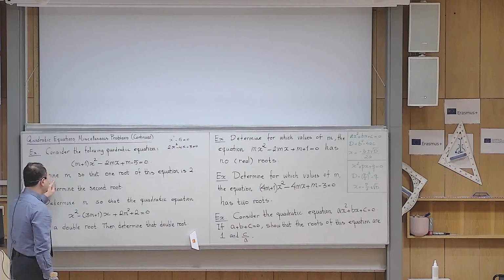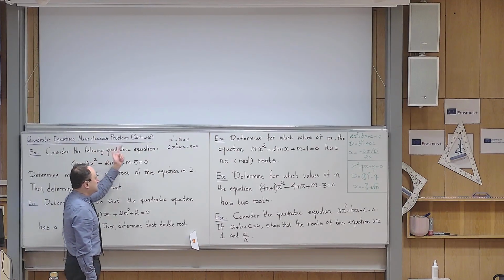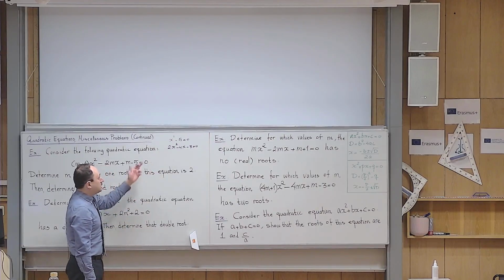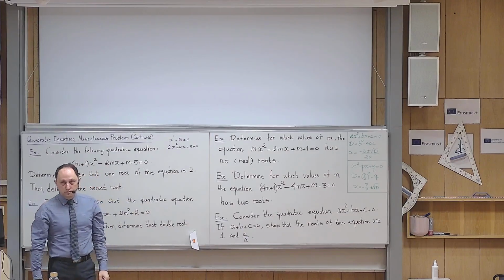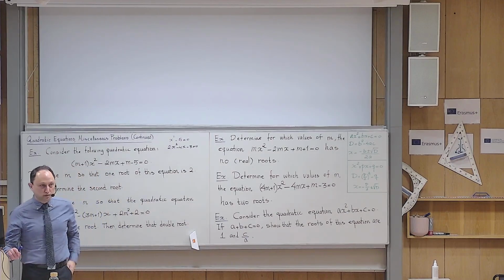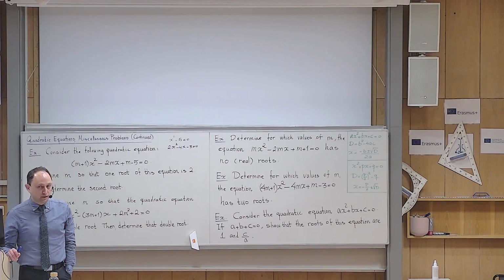Now my question is that determine this m so that when I replace that m with that value, and I generate a quadratic equation and solve it, one of the solutions is 2. And then I want to find the other solution as well. Is that clear?